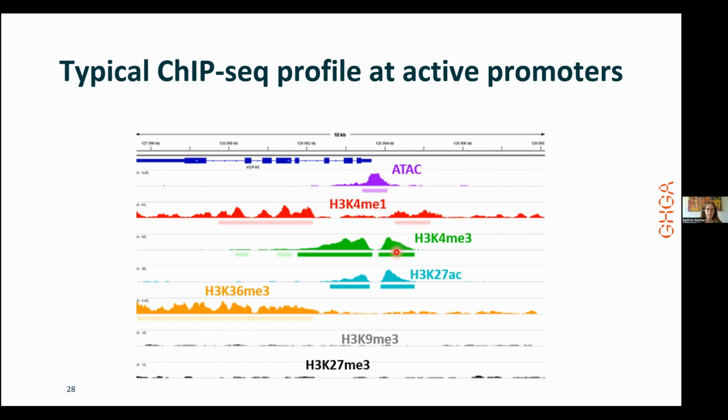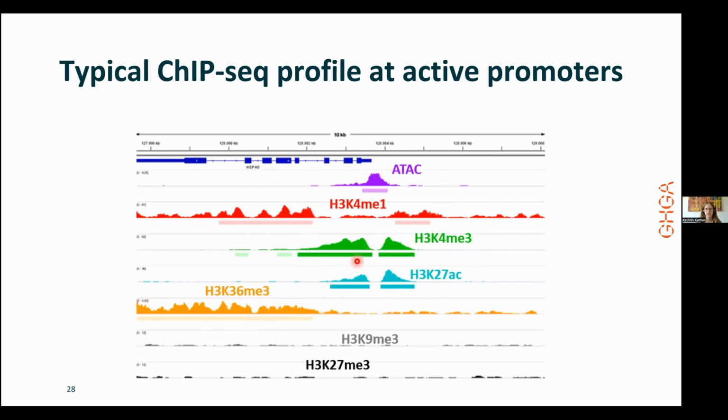But directly neighboring this ATAC-seq, we have a strong enrichment of the active histone modifications H3K4 trimethylation and H3K27 acetylation. So these are very prominent promoter marks. What we also see is H3K36 trimethylation, which is enriched along the gene body of the transcribed gene.